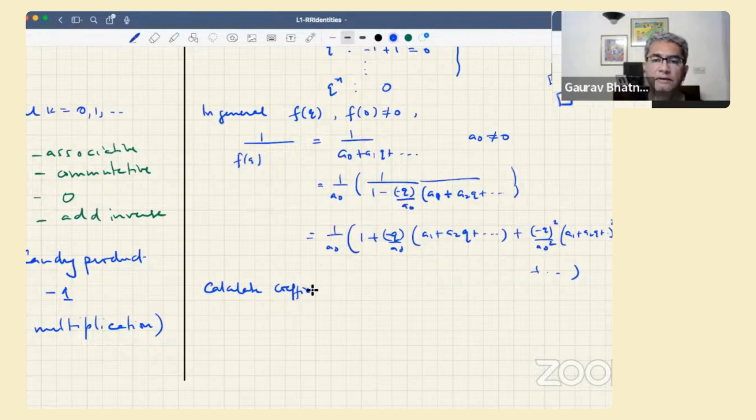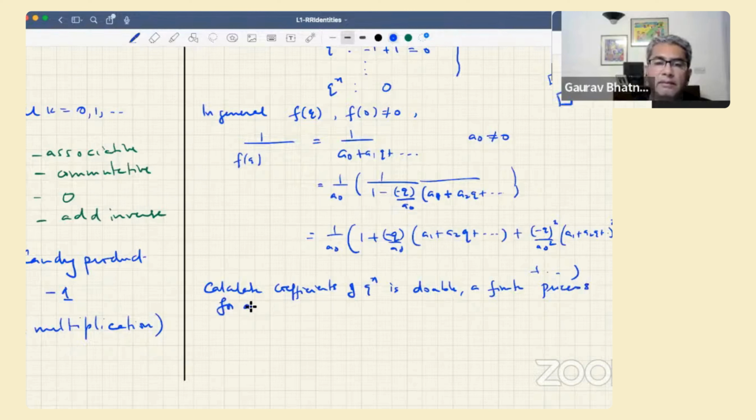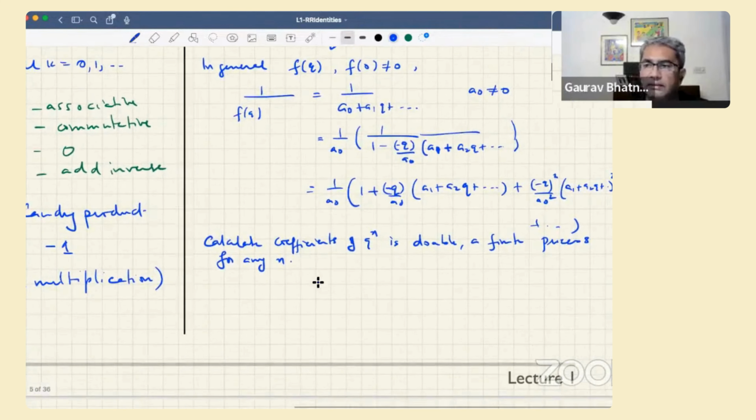coefficients of q raised to n is quite easy, is doable, and a finite process for any n. So you can divide.